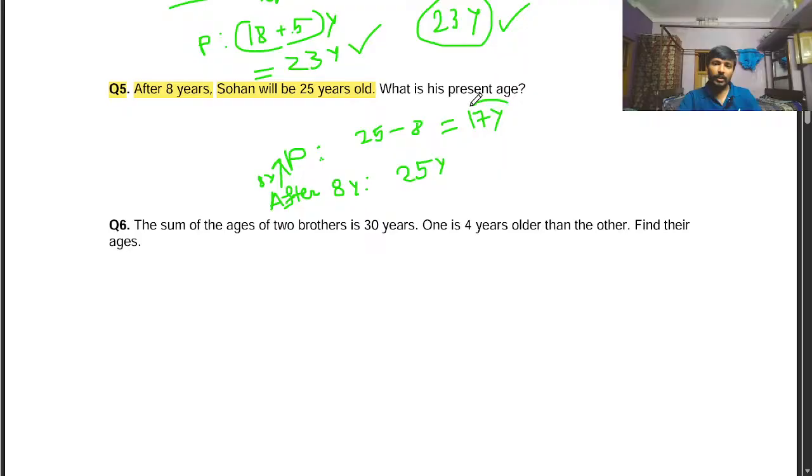If the present age is 17 years, then after 8 years it will be 25. You can calculate it backside also. So the present age of Sohan is 17 years, which is the right answer.